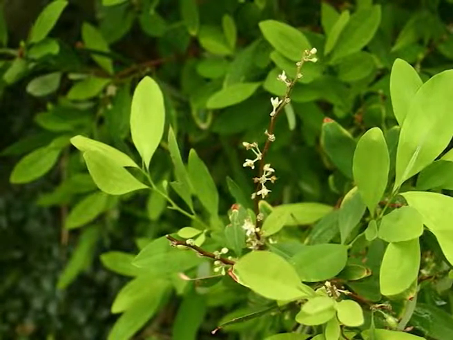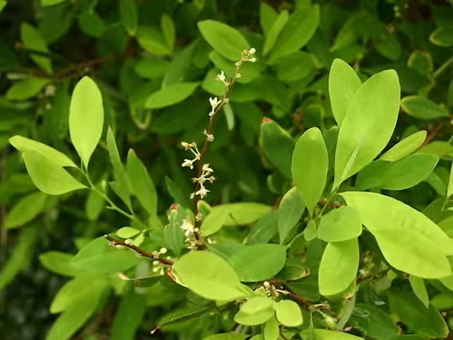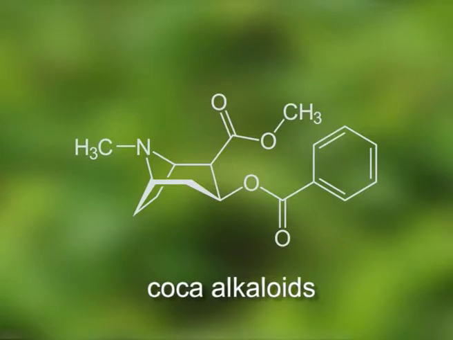Erythroxylon coca grows especially in the Andean region of South America because this little shrub requires very good altitudes to grow and to produce a certain amount of coca alkaloid.